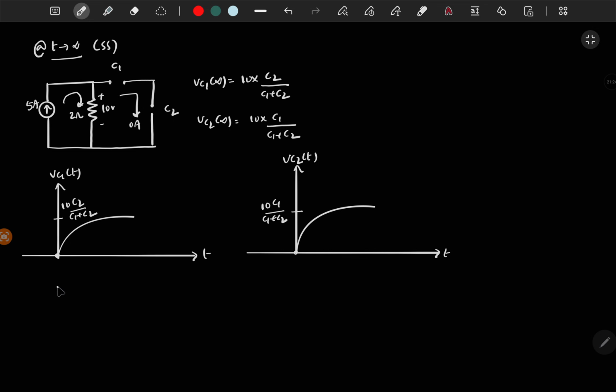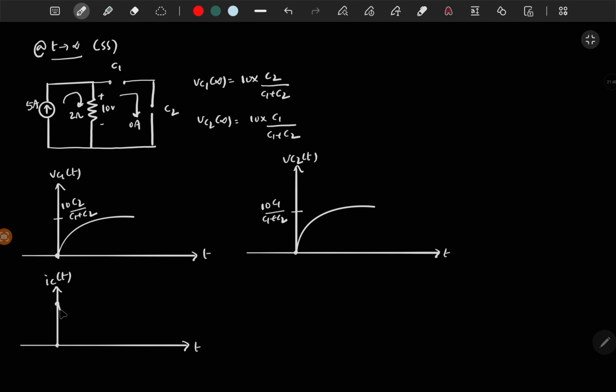Now if you want to draw the current waveforms, then since both are charging, the current should be positive for both the capacitors, and it should be the same because those two are in series. So I'm just directly writing IC of t.